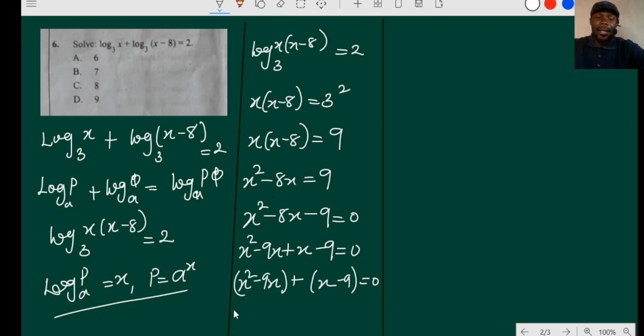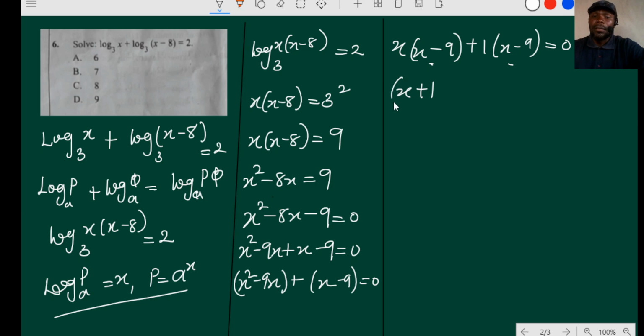What is common here is x, to have x times x minus 9, plus 1 times x minus 9, which is equal to 0. So we now have x plus 1 times x minus 9 is equal to 0.